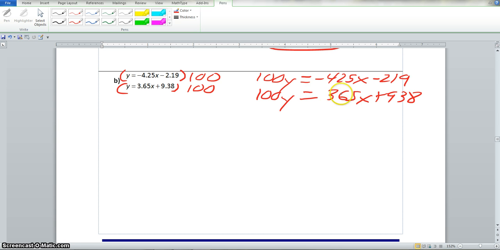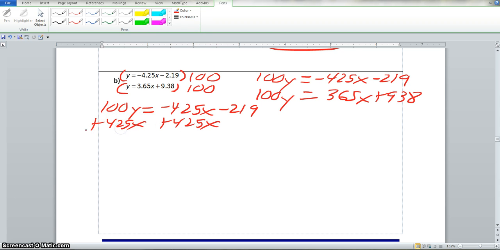Now, we can do the elimination method by moving the x values over. So, what we could do is this. We would take our 100y is equal to negative 425x minus 219. We could add 425x on both sides. So we will have 425x plus 100y is equal to negative 219.